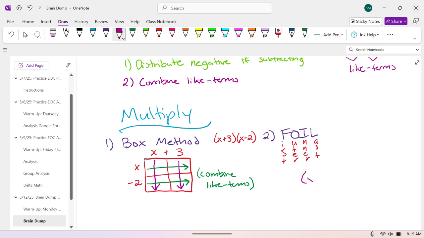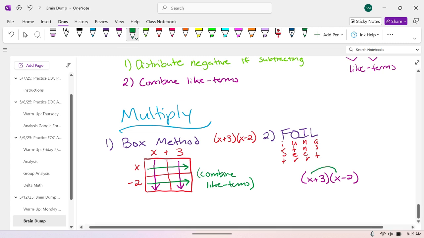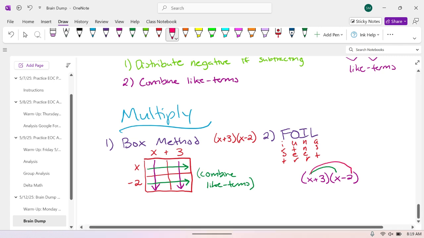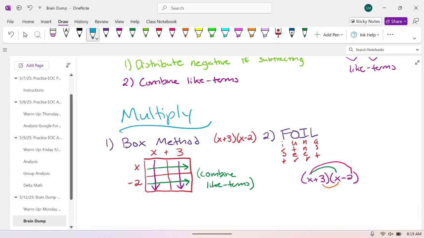Then for FOIL, if I had this, I would multiply the first, the outers, inners, and then the last, and then combine like terms.